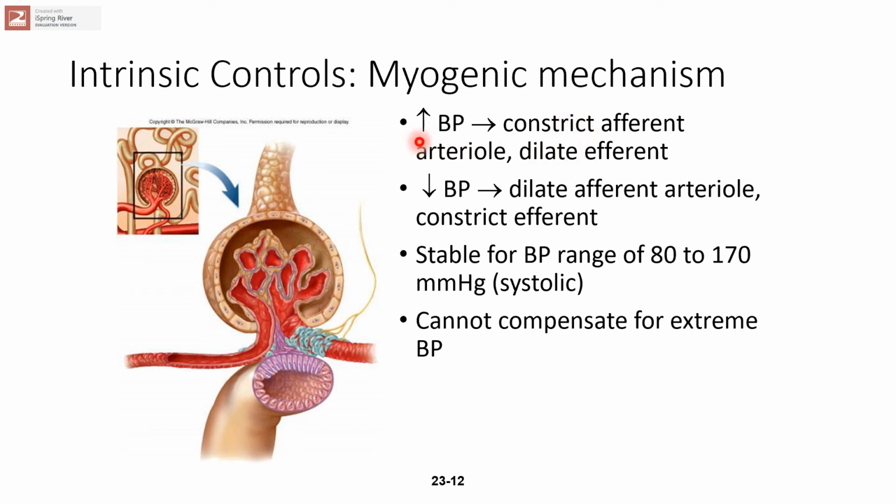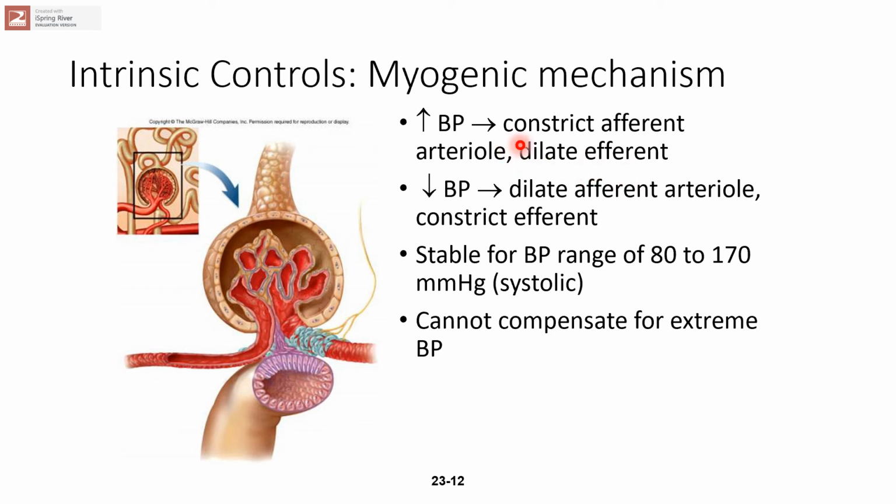Okay, so when the blood pressure increases, the smooth muscles constrict the afferent arteriole and they restrict the blood flow to the glomerulus. Okay, and on the other hand, they dilate the efferent arteriole. So this protects the glomerulus from extreme damage, right?